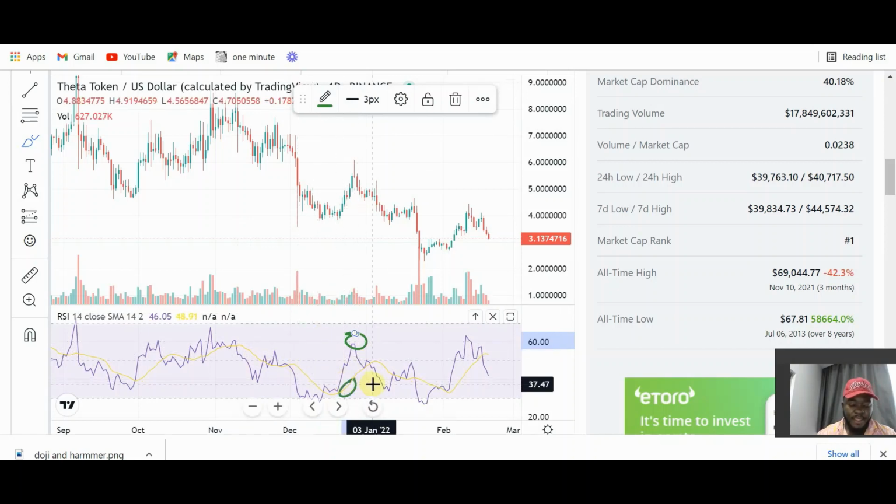When an RSI plot crosses above the signal line, we get what? A buy signal. So from here, it crosses above the signal line.